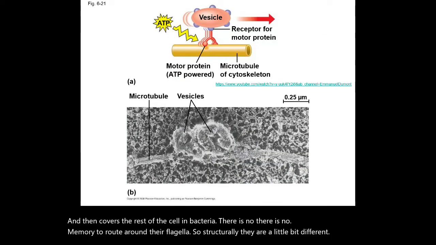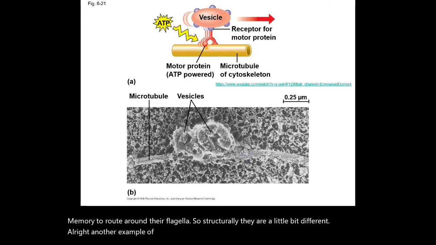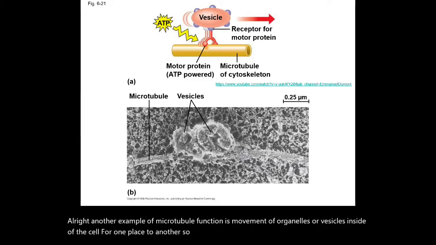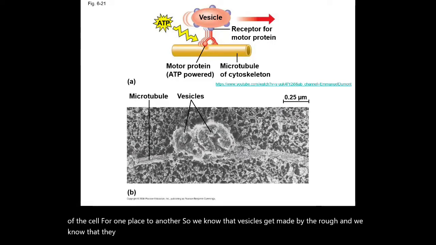All right, another example of microtubule function is movement of organelles or vesicles inside of the cell from one place to another. So we know that vesicles get made by the rough ER, and we know that they get modified and processed and packaged by the Golgi, and those vesicles then have to move to other places in the cell, like to the membrane.